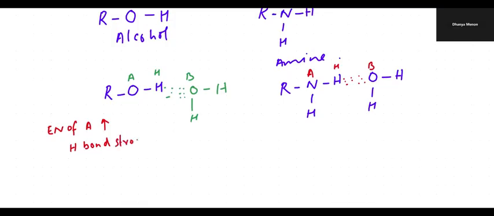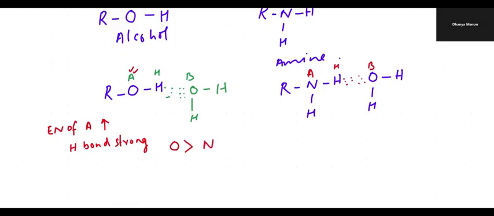It also depends upon the electronegativity of B. Smaller the electronegativity of B, stronger is the hydrogen bond. But in both the cases, B atom is the same. So we need to check the electronegativity of A. Oxygen or nitrogen? Who has higher electronegativity? Oxygen.